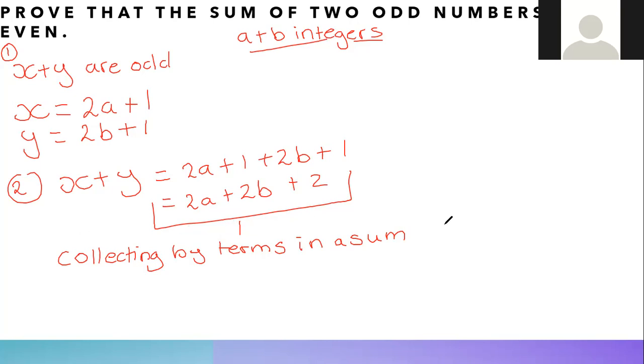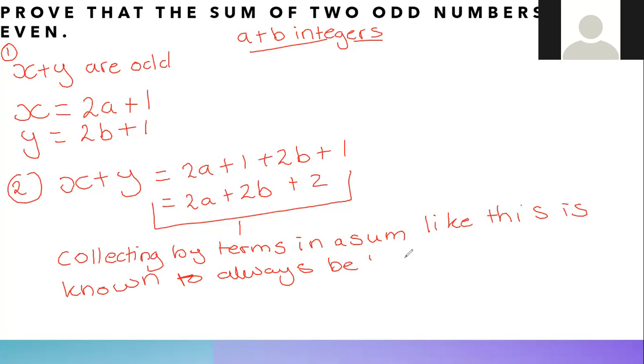Collecting those like terms is a really valid step in proof. We've collected those terms together.